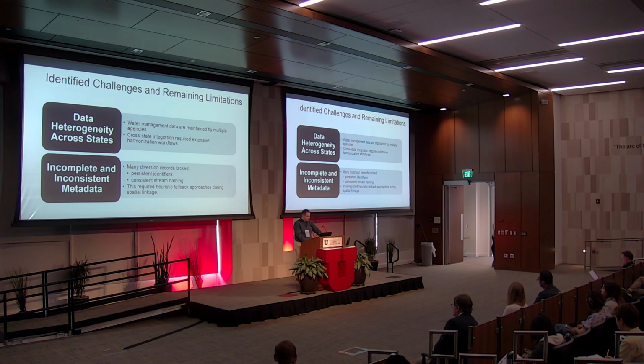We believe addressing these challenges would require an immense and extensive effort from different agencies, states, and probably at the federal level. These challenges highlight that advancing water management modeling is not only a modeling problem, but also a data standardization problem.